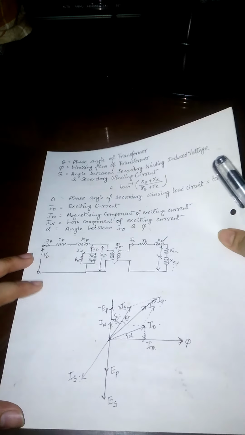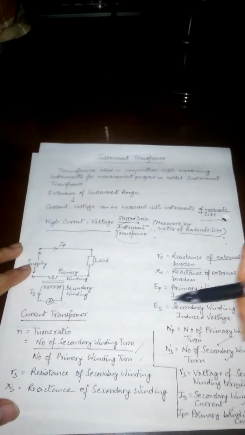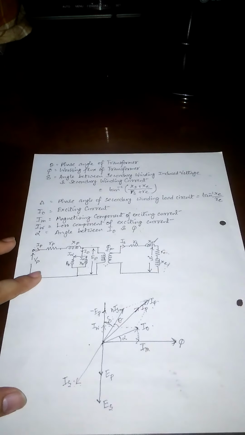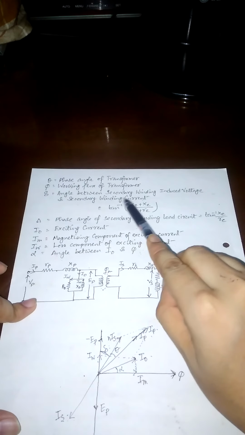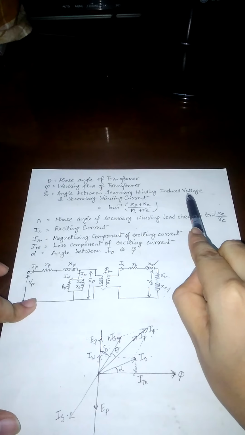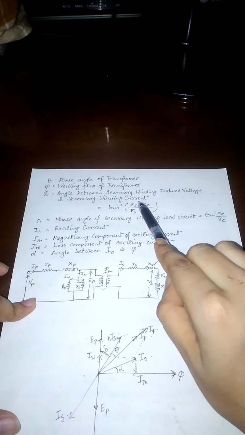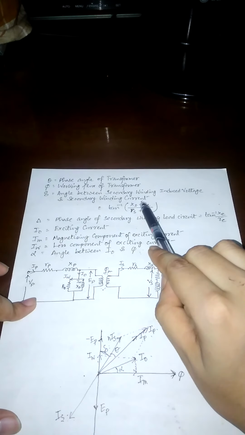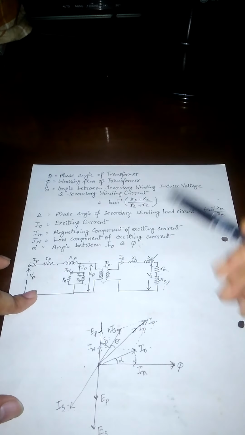Already we have written it here, that is the angle between the secondary winding induced voltage, that means ES, and the secondary winding current, that means IS. So obviously we can get it from here.